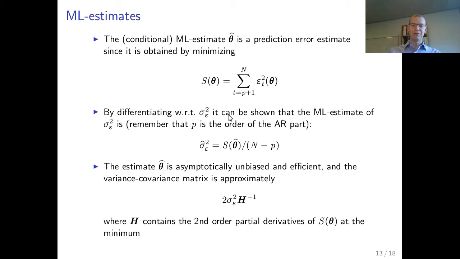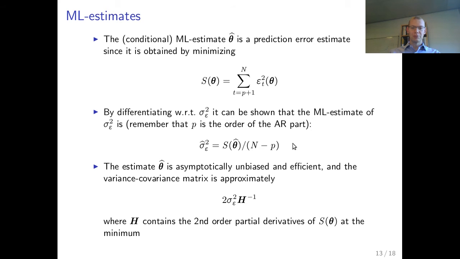If we differentiate the likelihood from the previous slide with respect to sigma epsilon square, it can be shown that the maximum likelihood estimate of sigma epsilon square is the sum of squared prediction errors divided by n minus p, where p is again the order of the AR part.